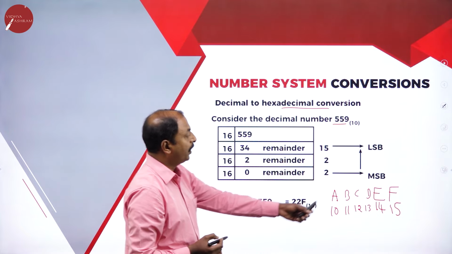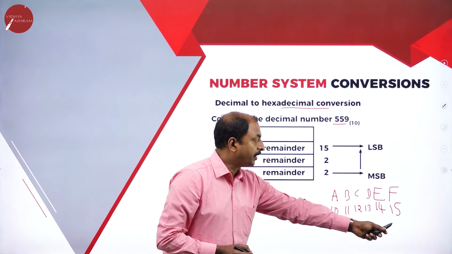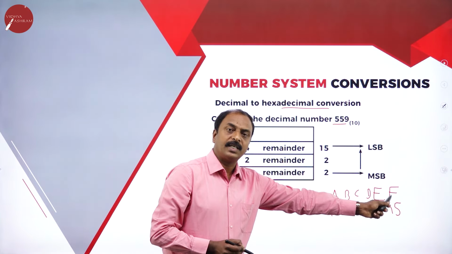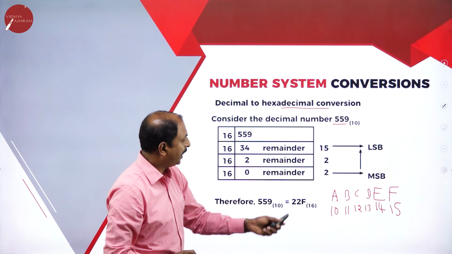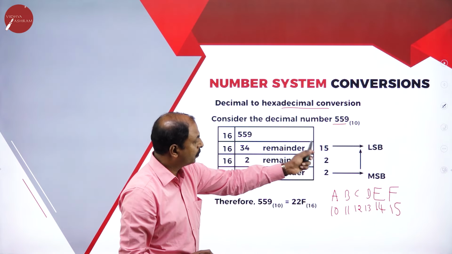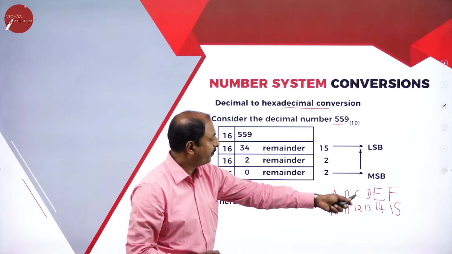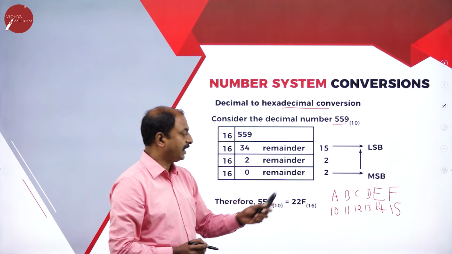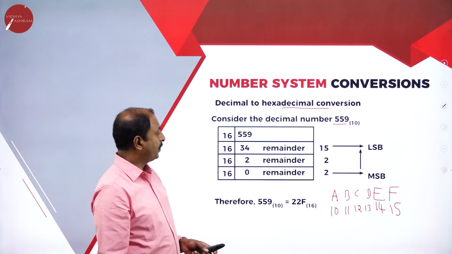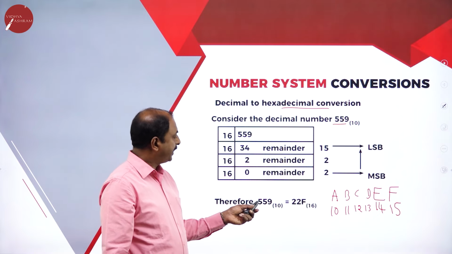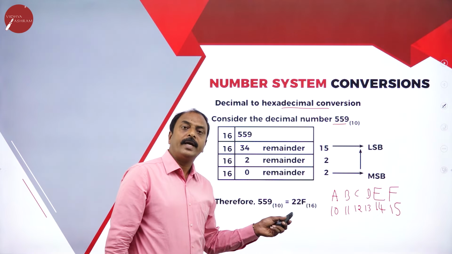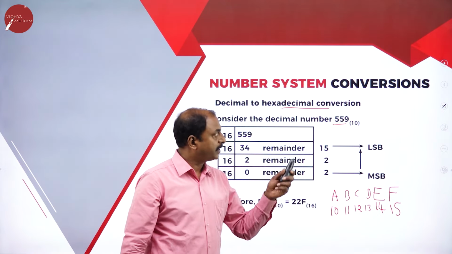So if we get 15, it is equivalent to F in hexadecimal number system. So the answer would be 2F, where F stands for 15, to the base 16. So this is how we convert a given decimal number into hexadecimal number system.